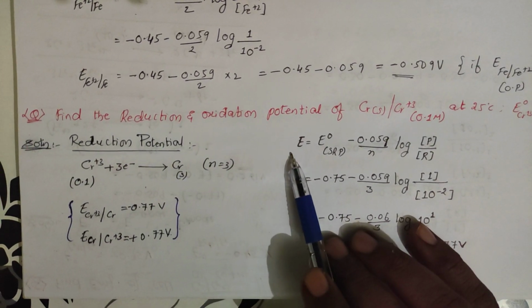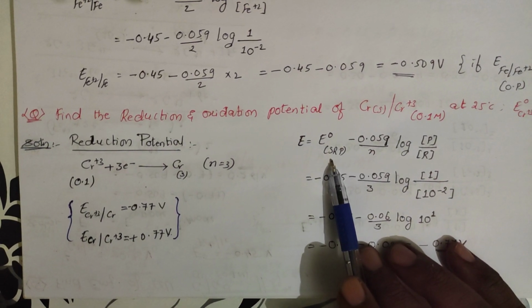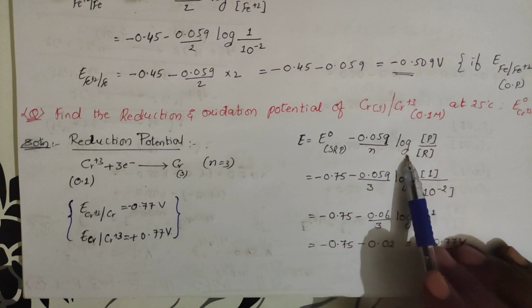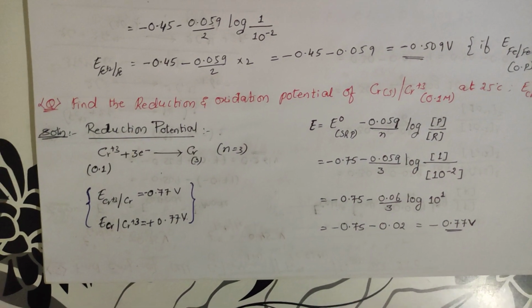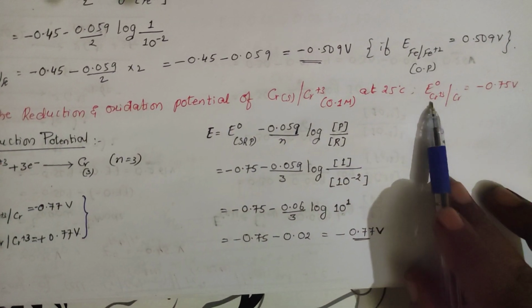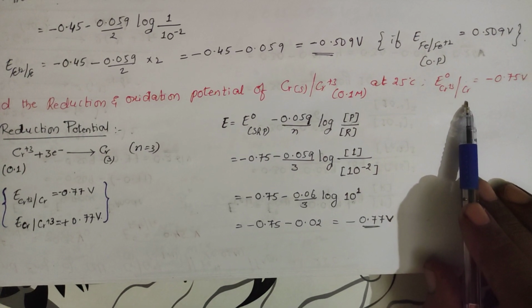E will be equal to E0, the standard reduction potential, minus 0.059 by n log concentration of products by concentration of the reactants. So nothing to do with this notation. Already you have it in the form of reduction only, Cr plus 3 to Cr. That is nothing but a reduction only, right?